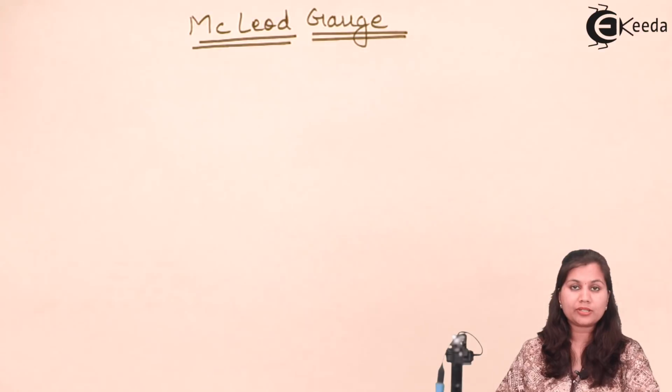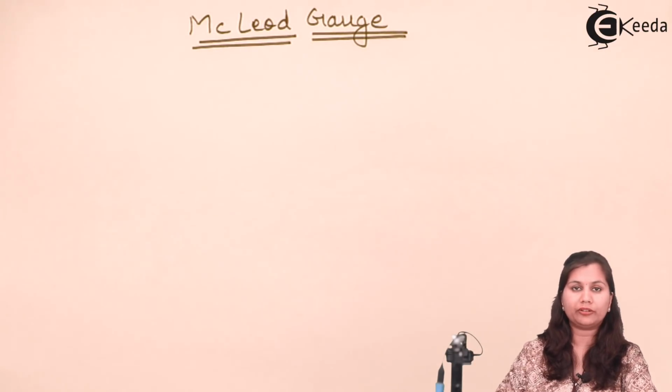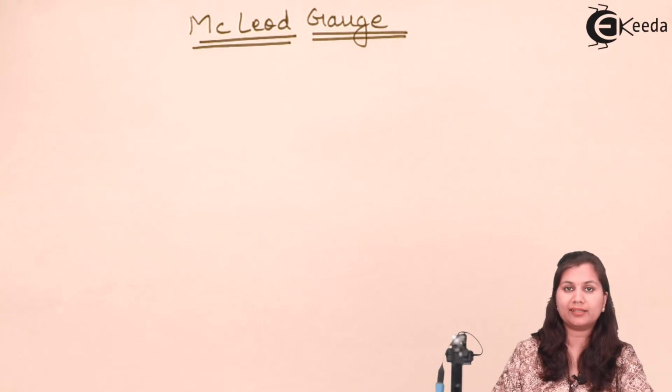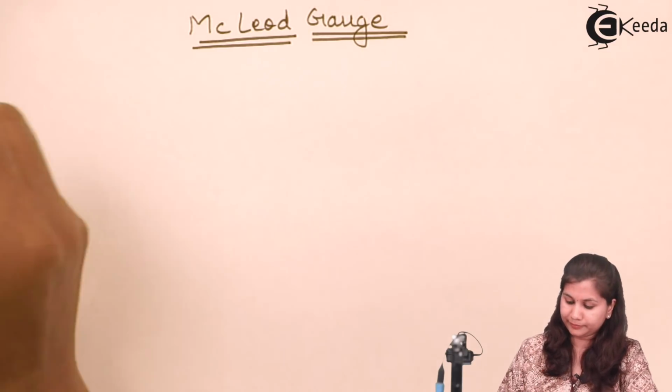So McLeod gauge is an instrument which is used for the measurement of low pressure, generally up to 10 raised to the power minus 6 torr. Means such low vacuum pressures can be measured with the McLeod gauge.